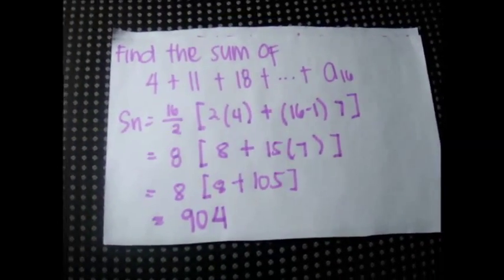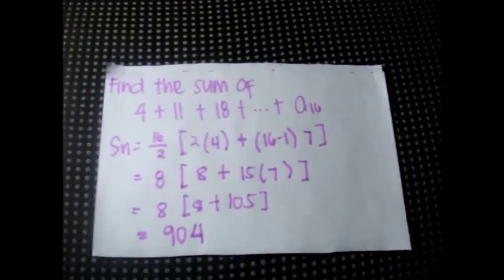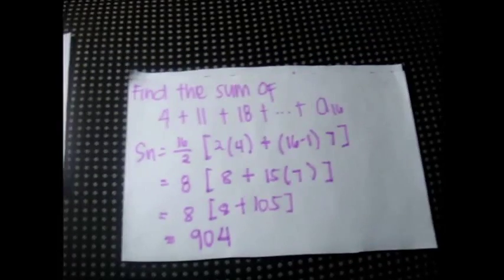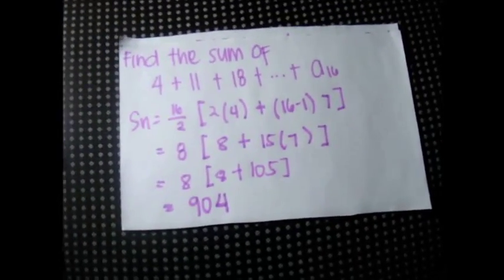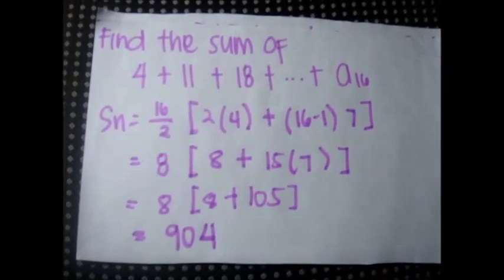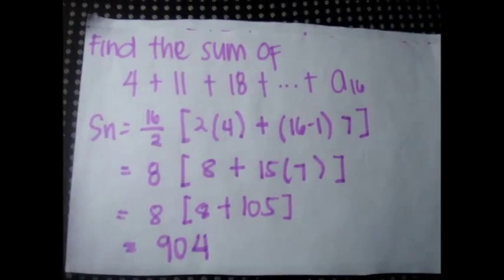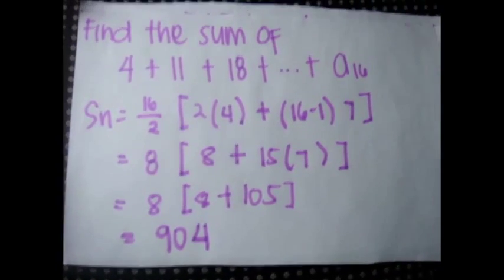Therefore, the equation or the formula S sub n is equal to n over 2 multiplied to 2a sub 1 plus n minus 1 times d, which we used in this problem, is applicable for infinite arithmetic series.